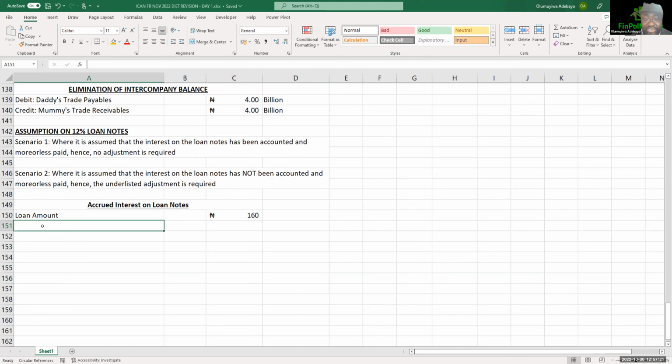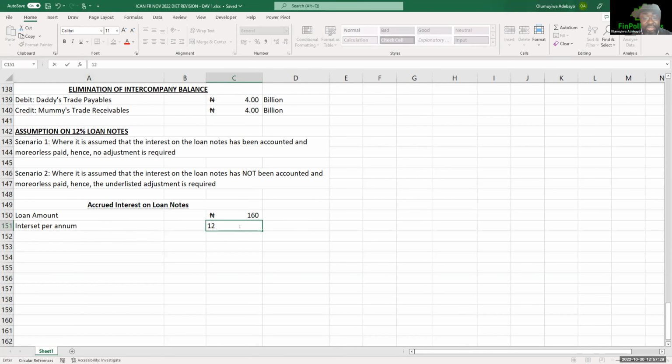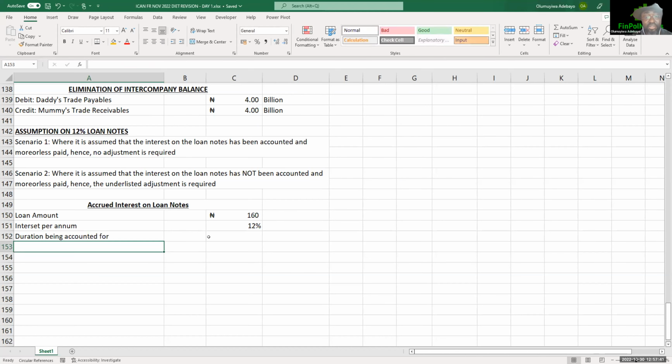First, the loan note interest per annum is 12%. The duration being accounted for is just 1 year.